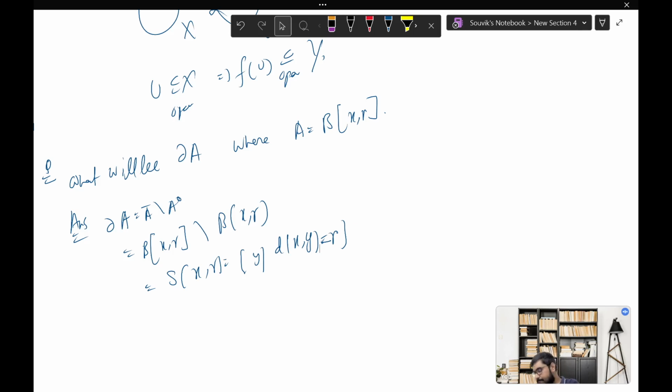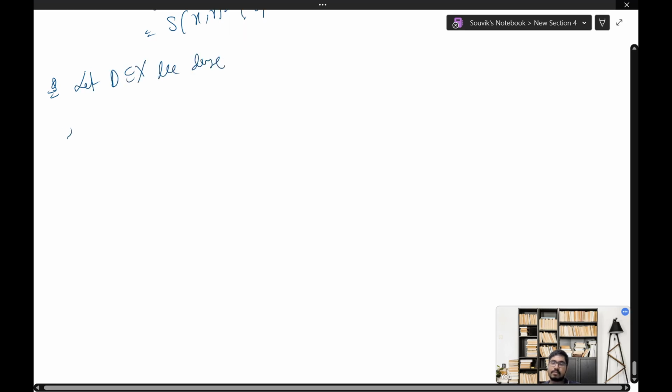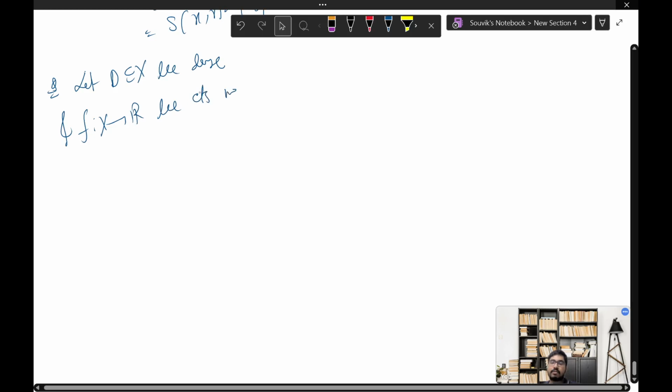So now do the following problem. Let D be a dense subset of X and f from X to R be a continuous map such that f restricted to D is the zero map.